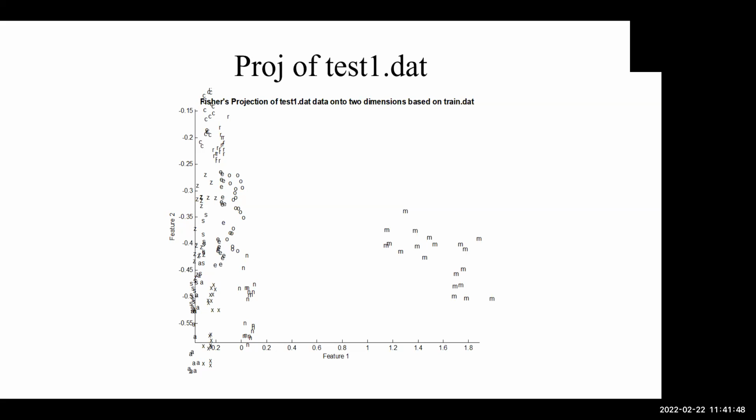Here's the test data. And these are using the same projection vectors calculated for train. M's behave nicely. X's and A's are a little bit separated, but we got one M scattered over here with the N's, affinity to the N's.